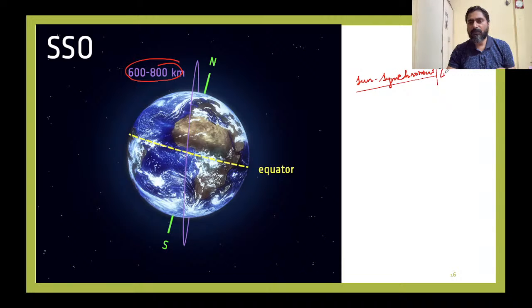Sun synchronous versus geosynchronous. Can anybody tell what is the difference between sun synchronous and geosynchronous? What is the uniqueness about any satellite which is placed in a sun synchronous orbit?